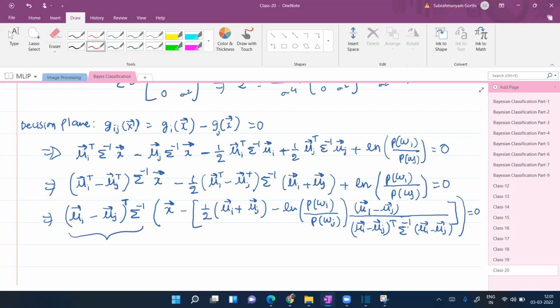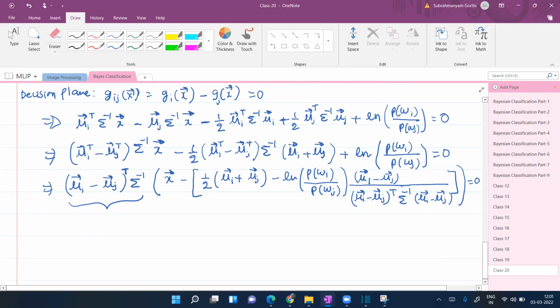And in this particular one, instead of multiplying mu I bar minus mu j bar transpose with mu I bar minus mu j bar, you are multiplying in between with the inverse of the covariance matrix. The earlier one is referred to as Euclidean distance. Does anyone have an idea on what this is referred to as?